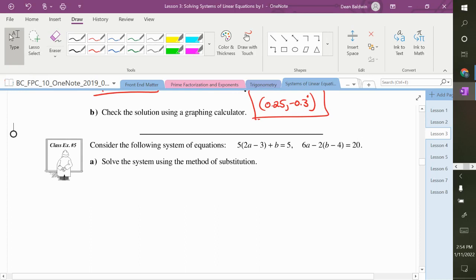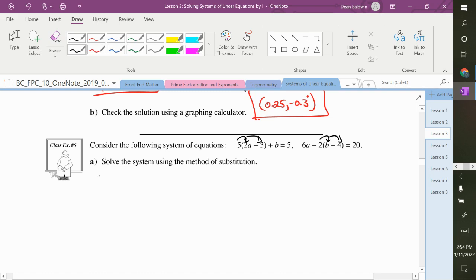So 5 times 2a minus 3 plus b is equal to 5, and 6a minus 2 times b minus 4 is equal to 20. All right. These are more complicated equations. So what do you think we need to do first? Simplify them. So for both of them, you're going to clear out the brackets and collect your like terms.